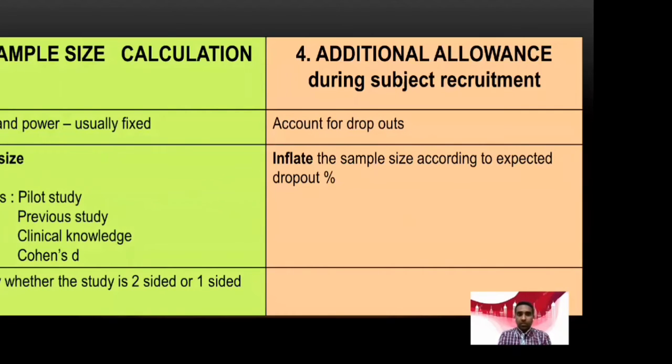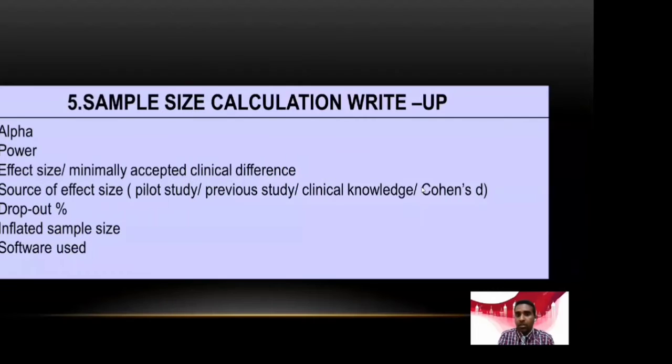And effect size, this is very important. You need to mention the effect size and how it is calculated, whether from the pilot study or previous study or clinical knowledge or Cohen's d or the pre-specified threshold values, and mention whether it's one-sided or two-sided, as I mentioned earlier, and account for the dropouts. And finally, give a write-up clearly.